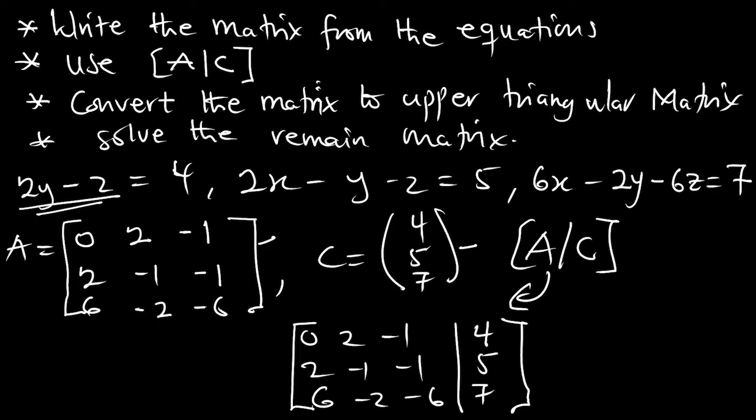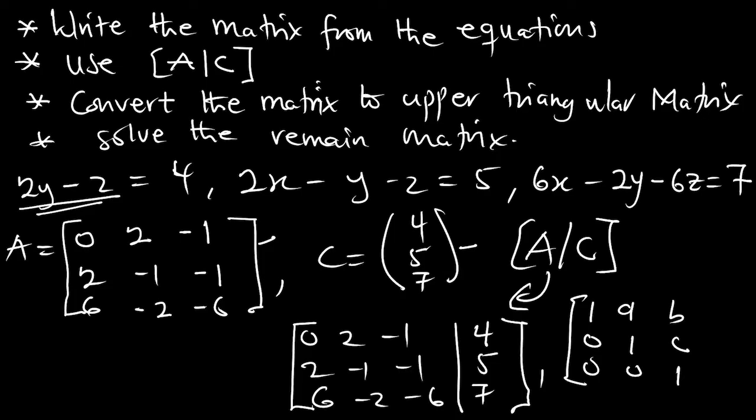And you remember something like this when we were trying to find the inverse of a 3 by 3 matrix using the row approach. So now that we have this, we try to convert the matrix to an upper triangular matrix. What do we mean by an upper triangular matrix? An upper triangular matrix is a matrix of the form, say we have 1, 0, 0, let's say A, B, 1, C, 0, 1.